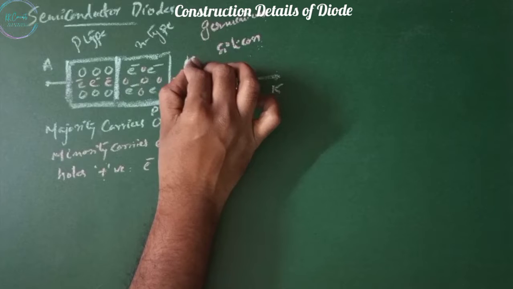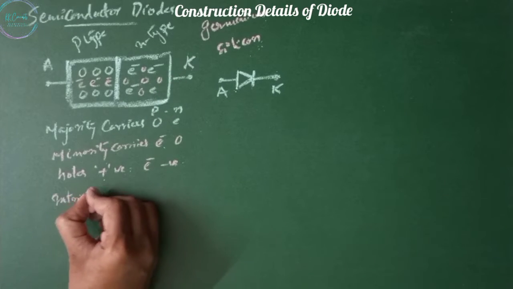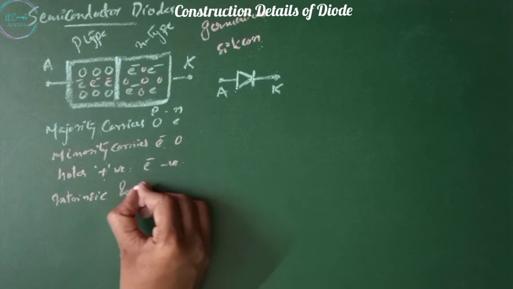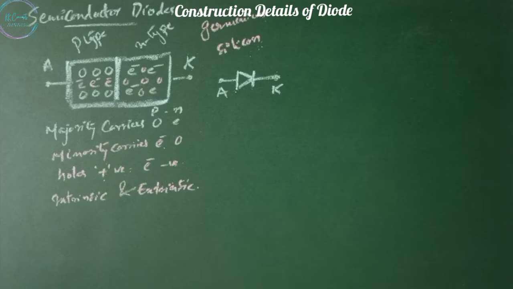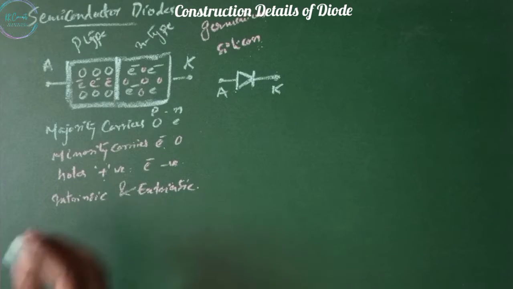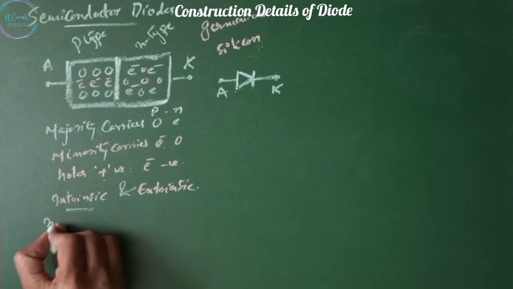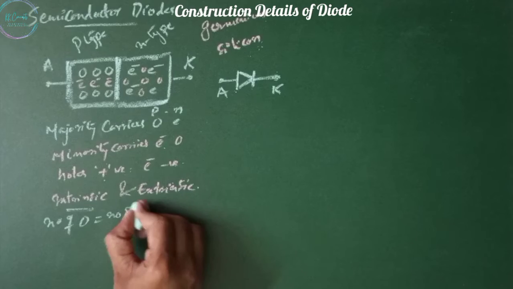Diodes are of two types, intrinsic and extrinsic. In intrinsic PN junction diodes, the holes and electrons are in balance, so the number of holes equals the number of electrons.